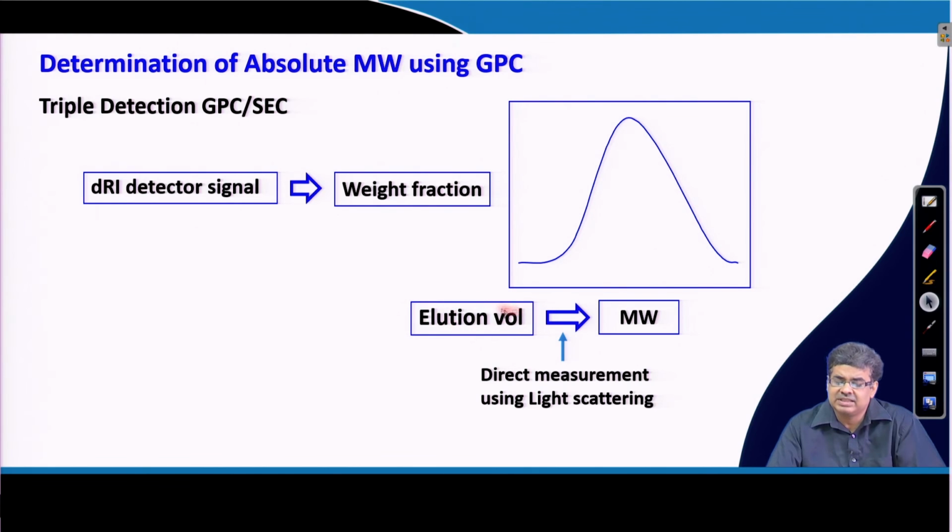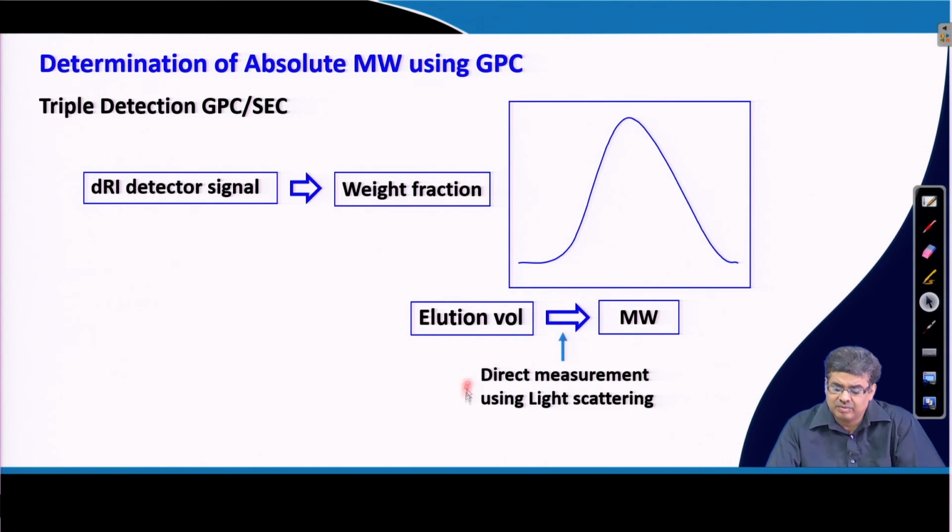From each elution volume, we can use the light scattering technique to measure the absolute molecular weight for each of these slices. We now know the molecular weight of each slice and its weight fraction. So, from that we can calculate the absolute value without using any calibration curve.